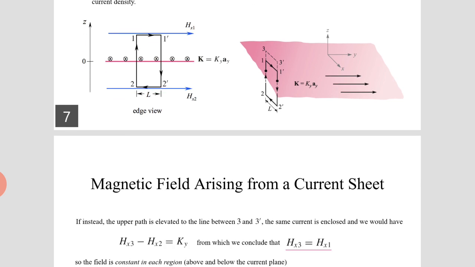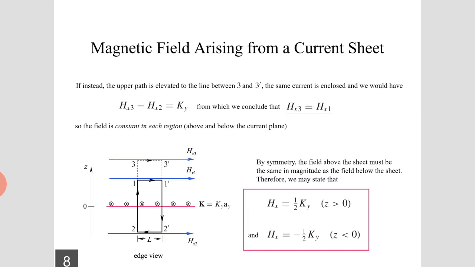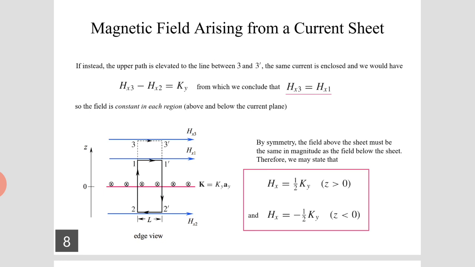Next, in the next slide, if instead the upper path is elevated to the line between 3 and 3 dash, the same current is enclosed and we would have Hx3 minus Hx2 is equal to Ky. The same figure is there, but here the path is elevated, so instead of 1 1 dash, it is elevated to 3 3 dash, and the magnetic field intensity will be Hx3, right?